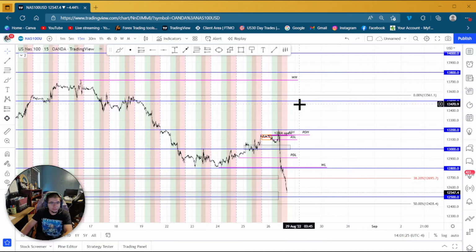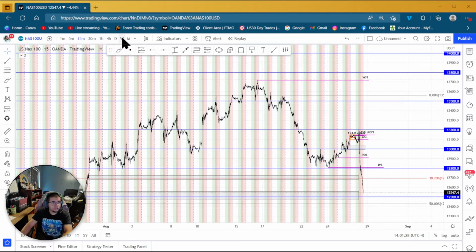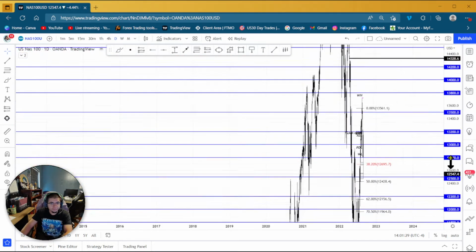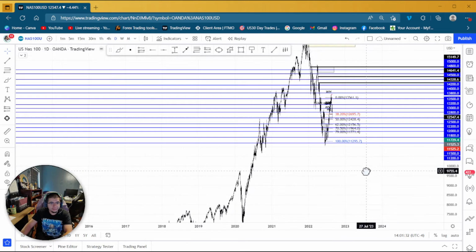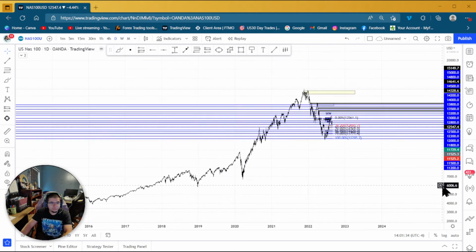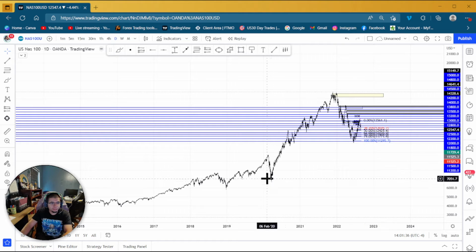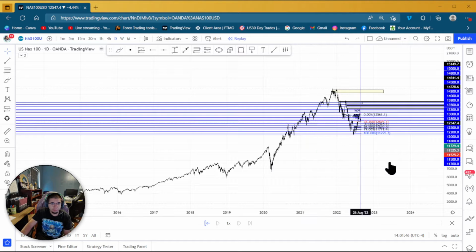I'll leave those up, but what I'm going to do now is just go to the daily, and we're just going to see what we have here. There's these moves that have been happening. I'm going to hit this button. Now this is how you backtest on tradingview.com. You hit the replay button. And what we're going to do is I'm just moving my cursor and click.